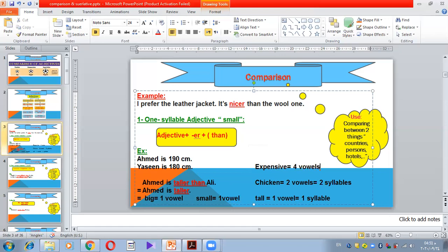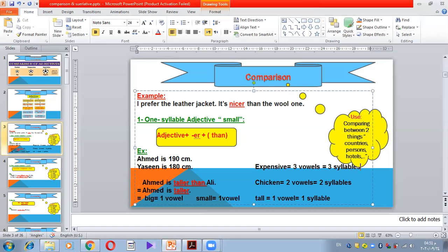I'm going to tell you, four vowels, are you sure? Yes, one, two, three, four. But do we pronounce the last E? No. So it's not counted. So there are three vowels we pronounce, not silent. So it means it has three syllables. So you got it now, guys.